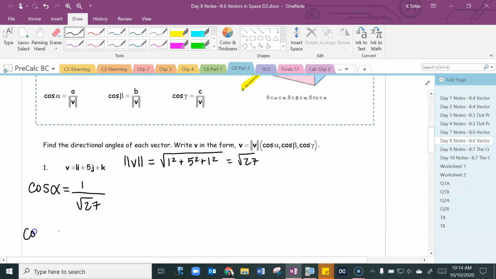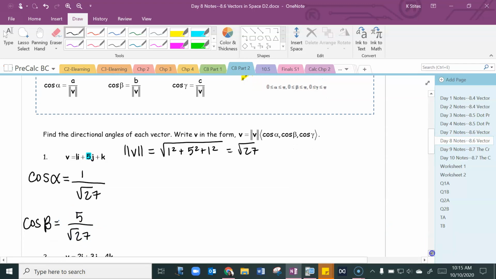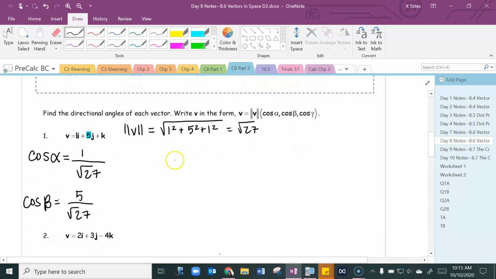I'm going to write all these out first and then we'll evaluate. Cosine of beta is just your b value over the magnitude. See how once you have this magnitude, this is pretty easy. And then cosine of gamma is our c value over the magnitude. Notice that alpha and gamma should be the same because their cosines are the same.